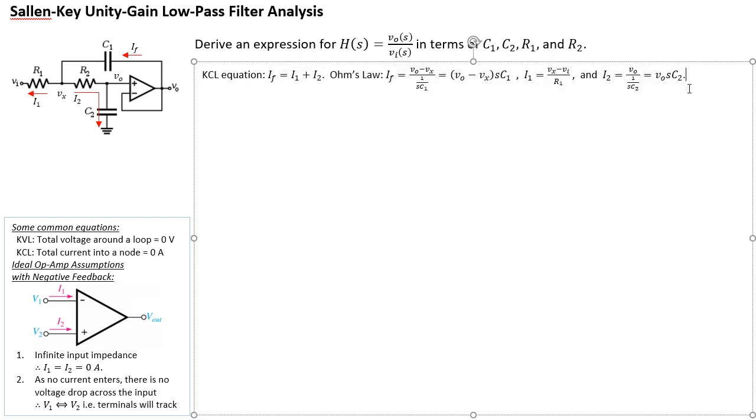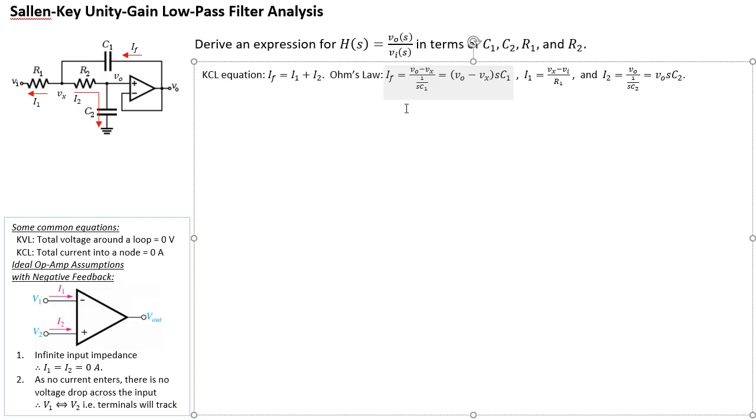Now I have a KCL equation, and for each of those currents I have its individual equation. There is something to resolve here: there's a Vx which needs to be resolved, because without resolving Vx we will have too many unknowns.